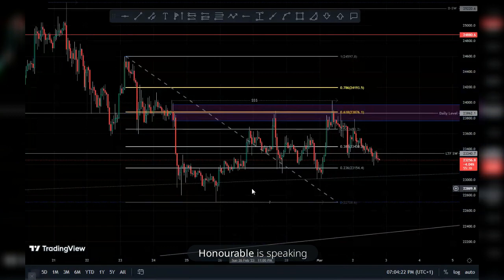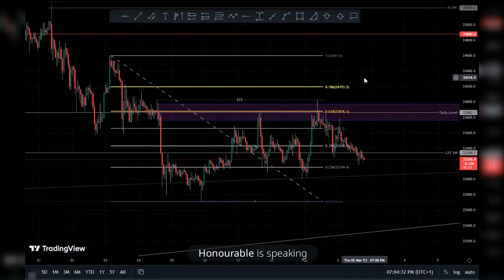So if price is going to retrace upward, these are the levels you look into. Now let's take a look at this. In Fibonacci retracement, we look at three to four key levels.